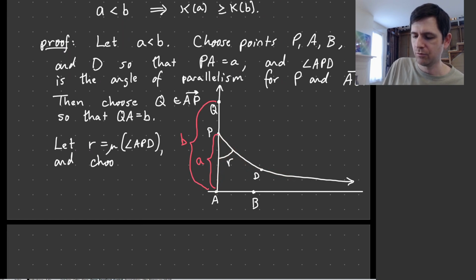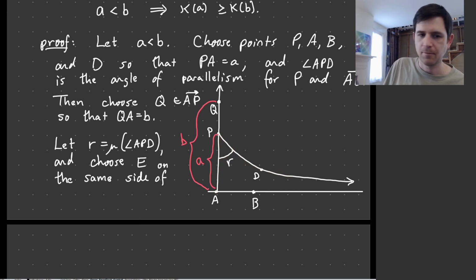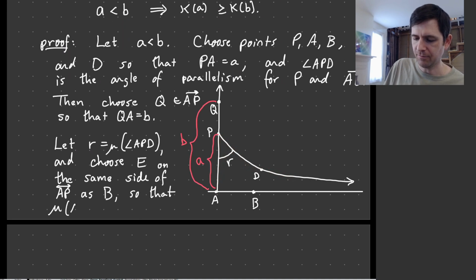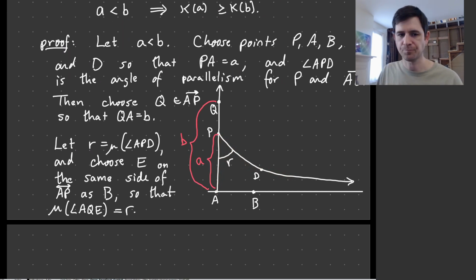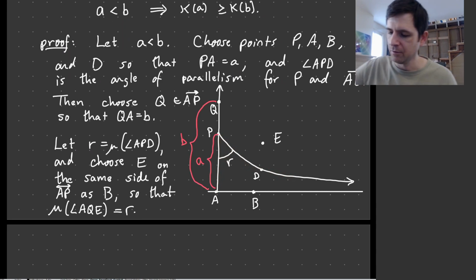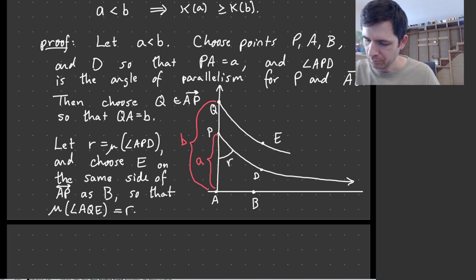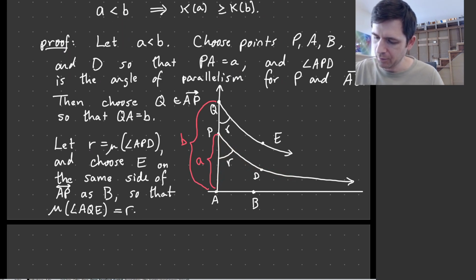And choose E on the same side of AP as B, so that the measure of angle AQE is equal to R. Somewhere over here I have an E, so that I also get an angle R here.